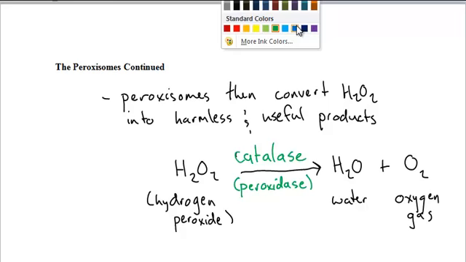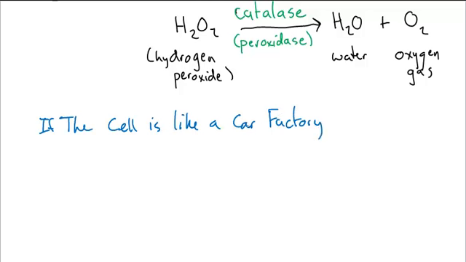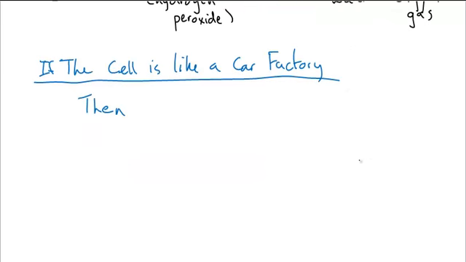And to look at our functional analogy, so the cell, if the cell is like a car factory, then, okay, now we have to think about something that occurs in the car factory that produces a dangerous byproduct that we clean up before it gets out of the factory.